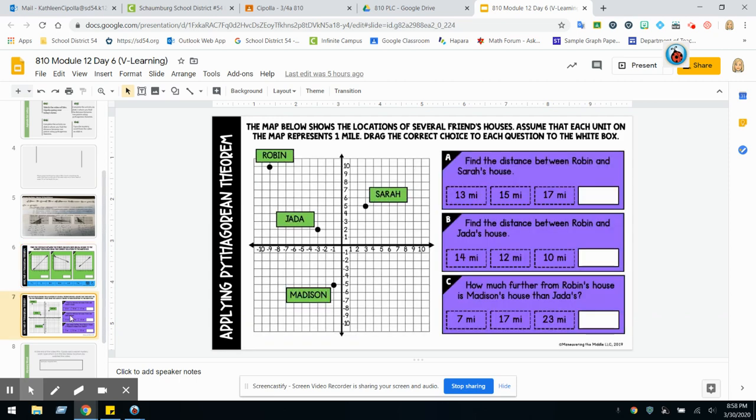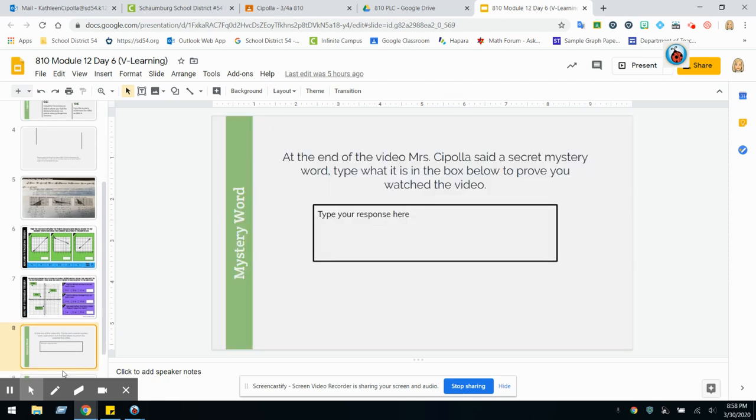Then the next slide is the same idea, but it's talking about finding the distance between Robin and Sarah. So from Robin to Sarah, here's your hypotenuse, so you have to count the legs and use the Pythagorean theorem to find that. And then on slide 8, here is where you put your secret word.